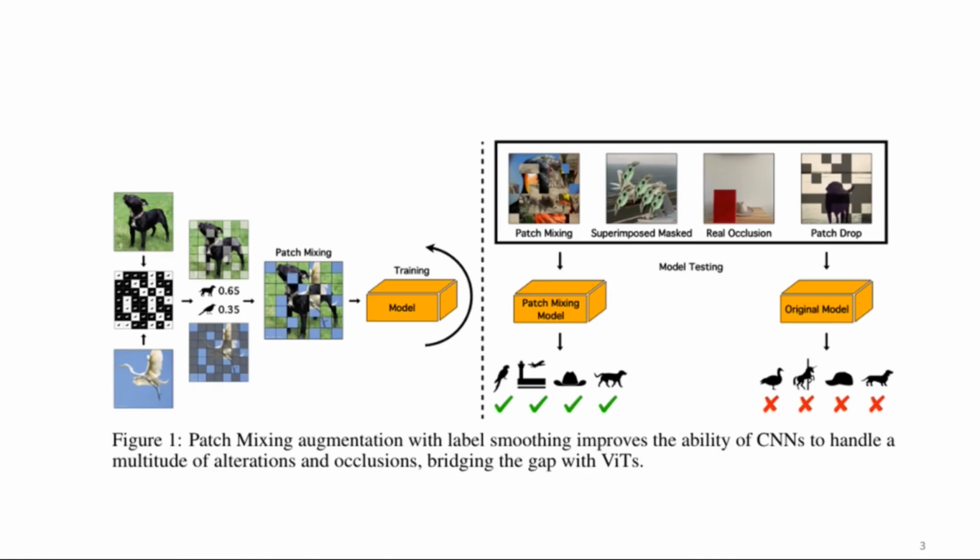In this paper, the authors explore whether convolutional neural networks, which traditionally rely on local feature processing, can achieve similar patch selection. The solution they propose is called patch mixing, a data augmentation technique that involves mixing patches from different images. The idea is to insert patches from another image into the current training image and interpolate the class labels accordingly.